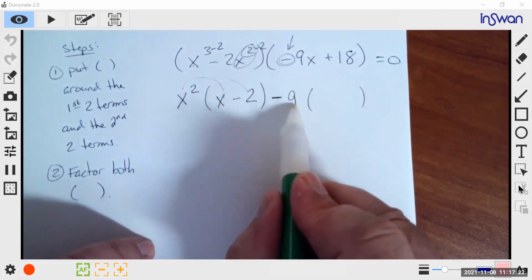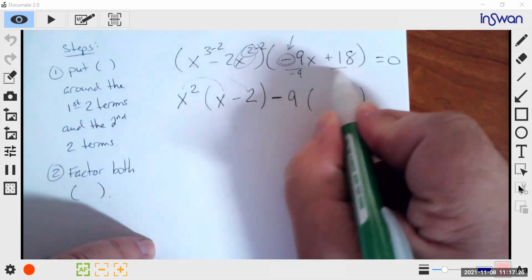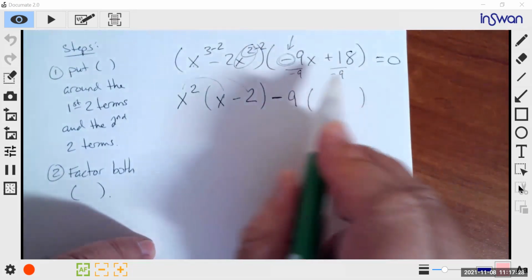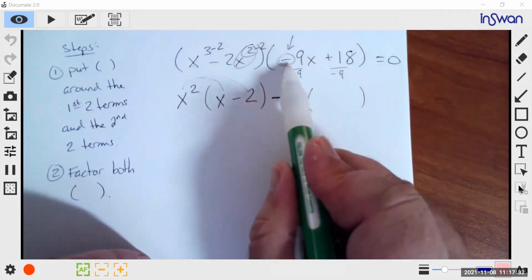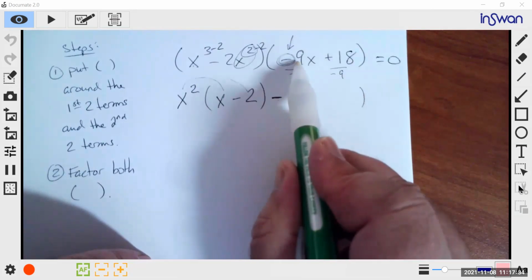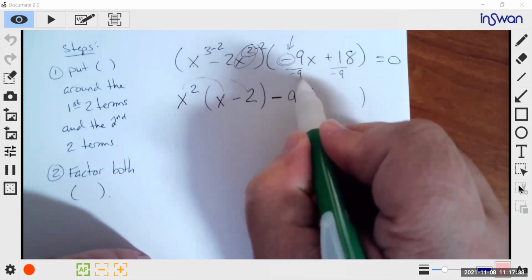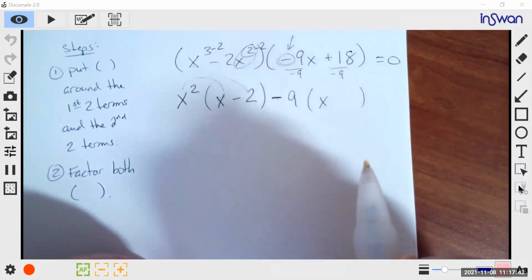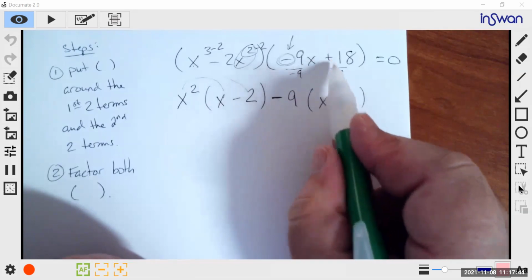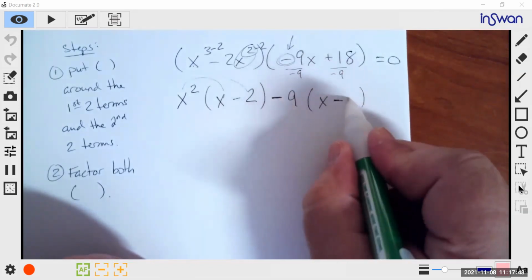So since I factored out a -9, to find out what goes inside the parentheses, I divide both of those by -9. Negatives cancel. 9 divided by 9 is 1, so it's just x. Positive divided by negative is negative. 18 divided by 9 is 2.